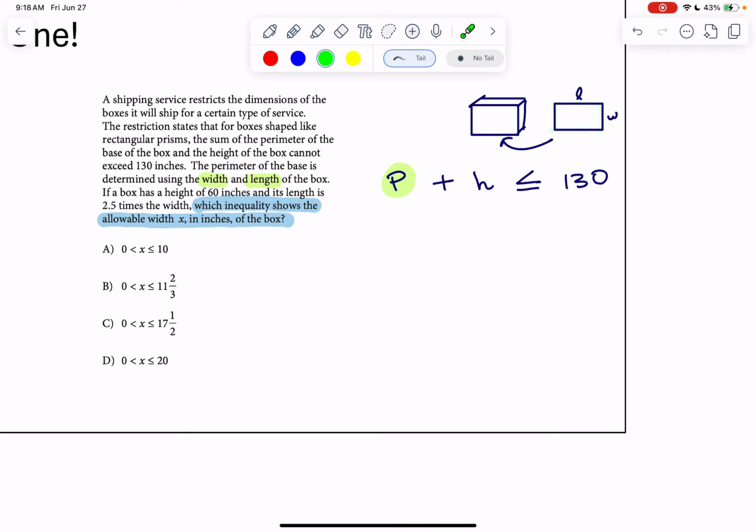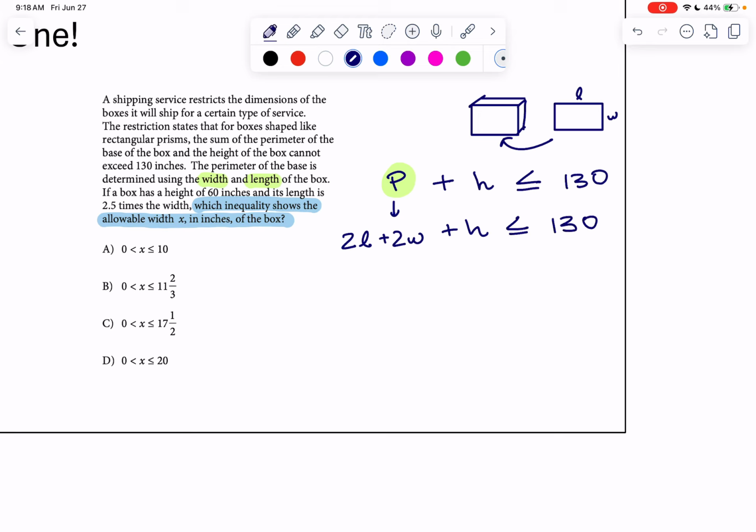So if I want to express it in terms of the length and the width, well, that's not the whole thing. I need two lengths and two widths. So let me express the perimeter in terms of the length and the width. Two lengths plus two widths will give me the perimeter of the base of the box. Now, if I add that to the height, I know it cannot exceed 130 inches. I am just writing down what it told me to do.